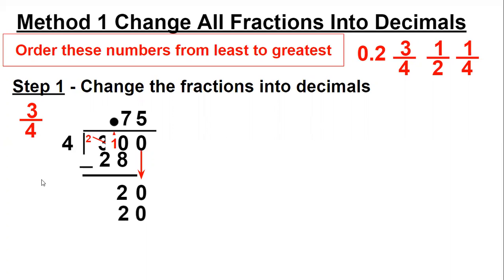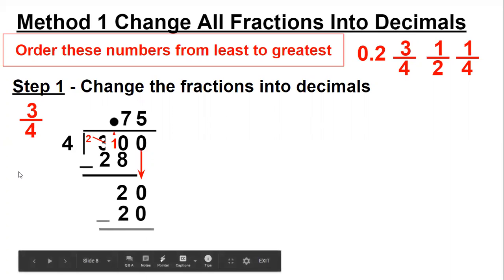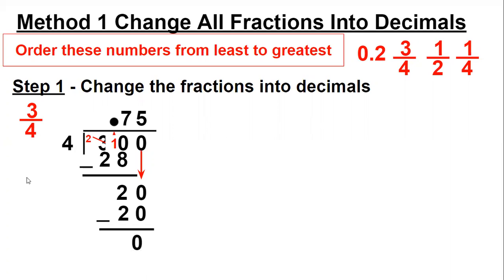That is 20, and then we subtract 20 minus 20 is 0. Now we are finished because we have a 0 remainder. So 3/4 is equal to 0.75 as a decimal. We learned that just about a couple slides back when we talked about 3/4 equals 75 cents.